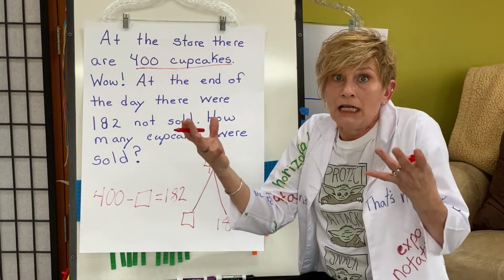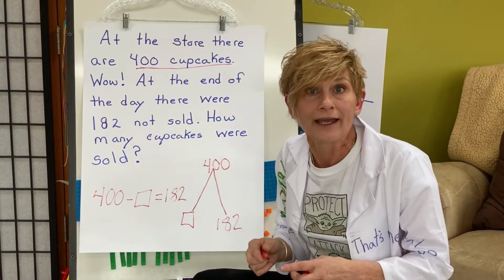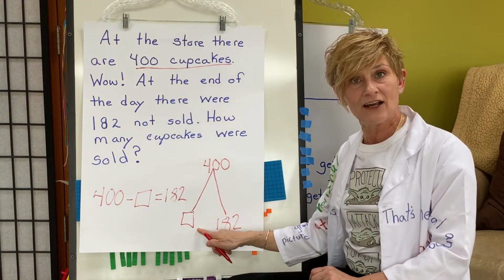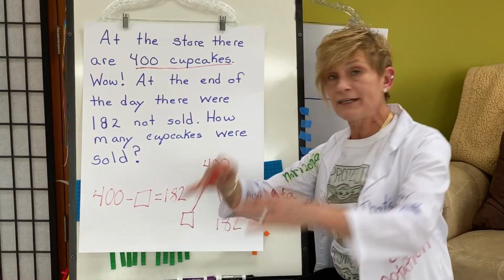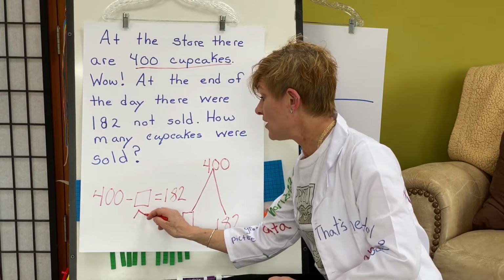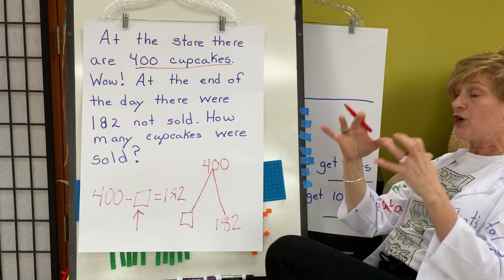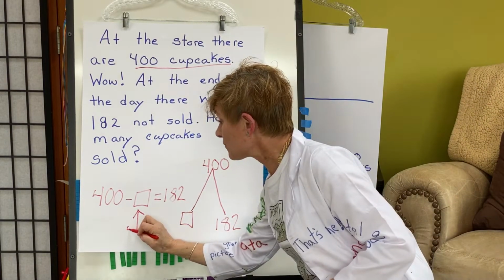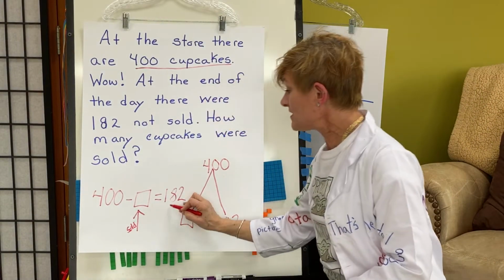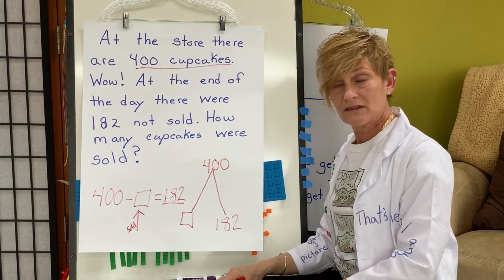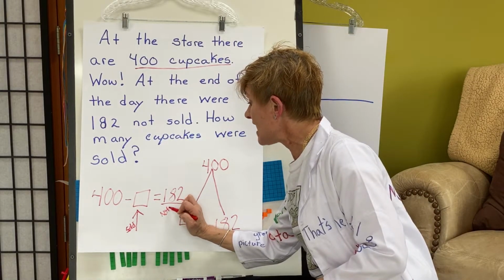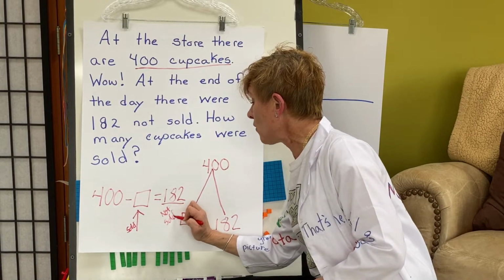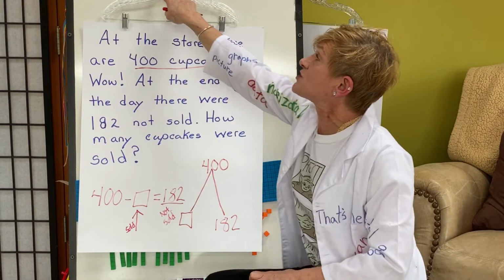That's right, the unknown add-in is what we're looking for. That's that one right there. So we have 400. We know that's how many were sold. Those are the ones that were sold. And these are the ones that were not sold. I can even mark that as not sold. So now I understand the situation.